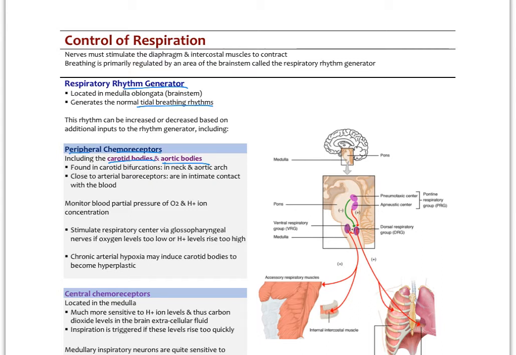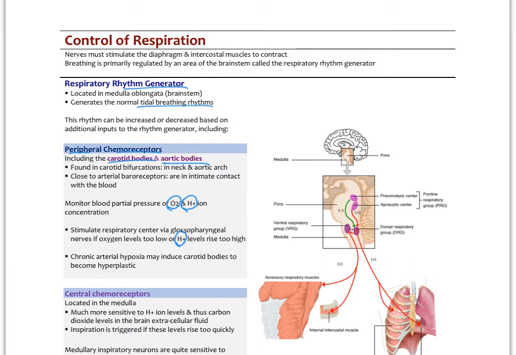They're close to the arterial baroreceptors, and they're in intimate contact with the blood, and they're monitoring the partial pressure of oxygen and hydrogen ion, so blood acidity levels. And basically, when the oxygen levels are too low, or more particularly when the hydrogen ions are too high, usually meaning there's too much carbon dioxide, that's going to trigger the peripheral chemoreceptors, and that will trigger breathing.